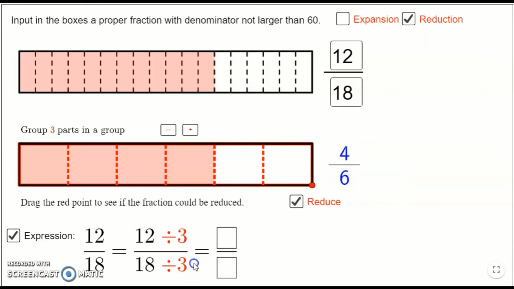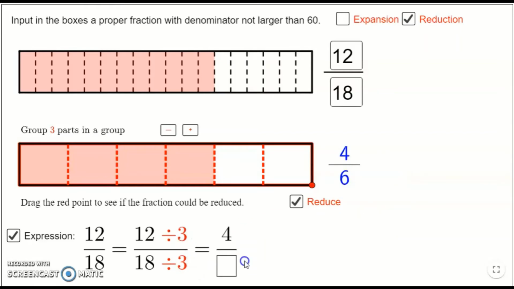And again, I can show you this as being divided by 3 on the top and bottom, and 12/18 is 4/6.